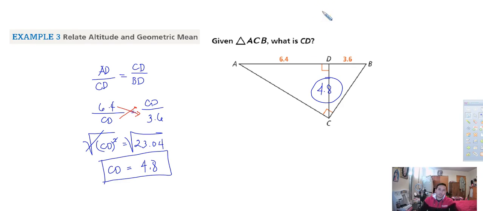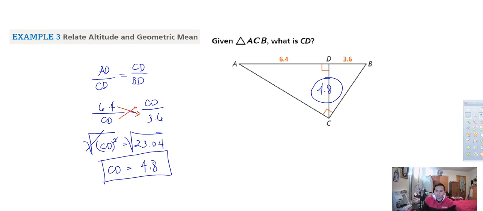And this is a tip for you guys. You can think about the geometric mean in another way: x squared is equal to AB, then x is the geometric mean of A and B.